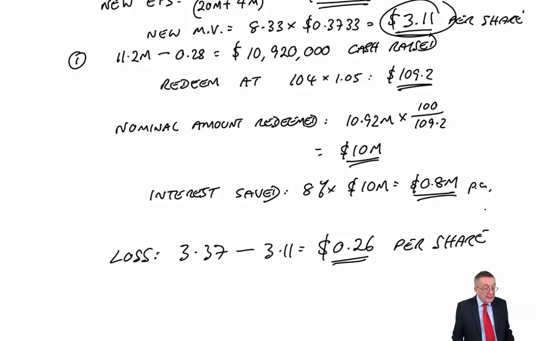And there we are. It said evaluate the effect on the wealth, and we've done it. They've lost 26 cents a share. Or you could have done it in total and got the total loss, but that's, I think, the way you wanted it.